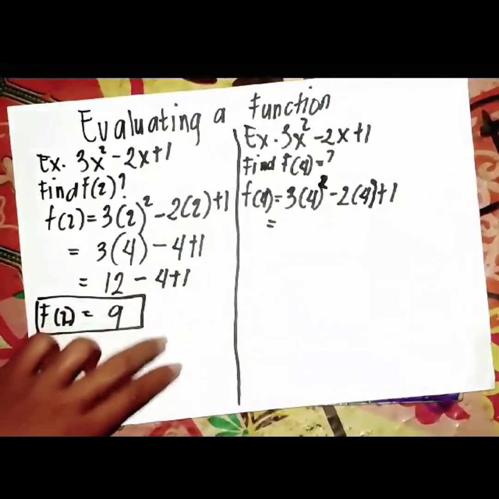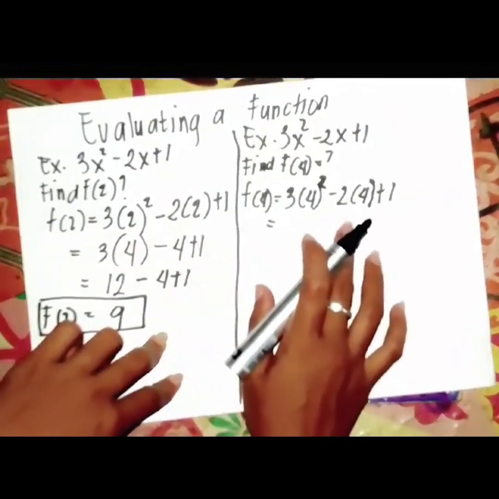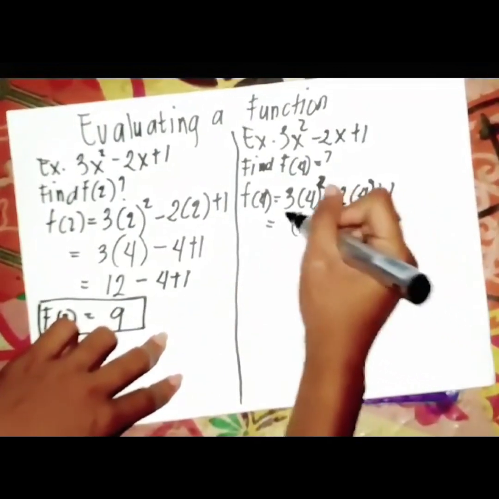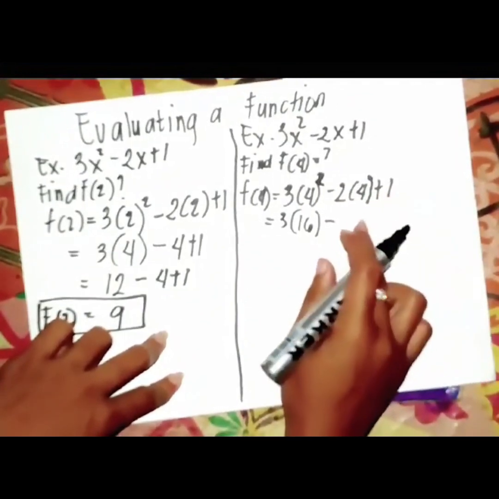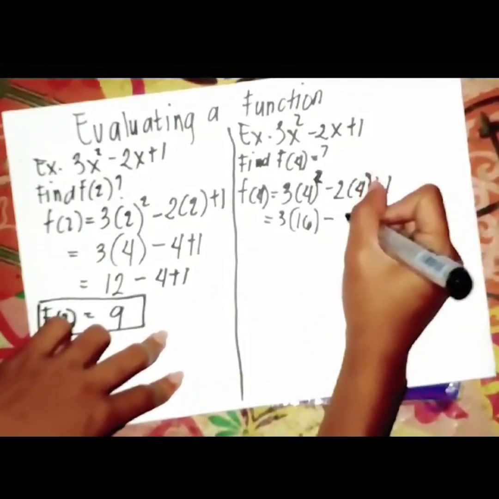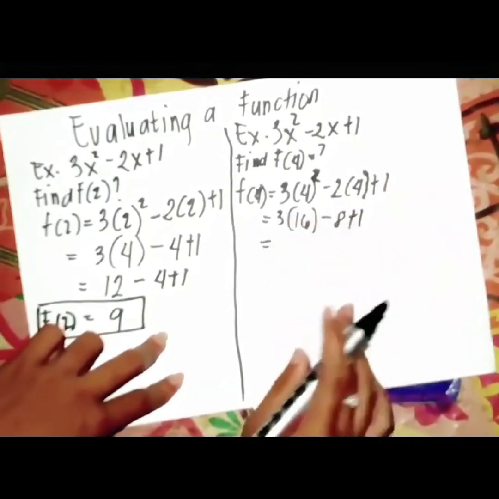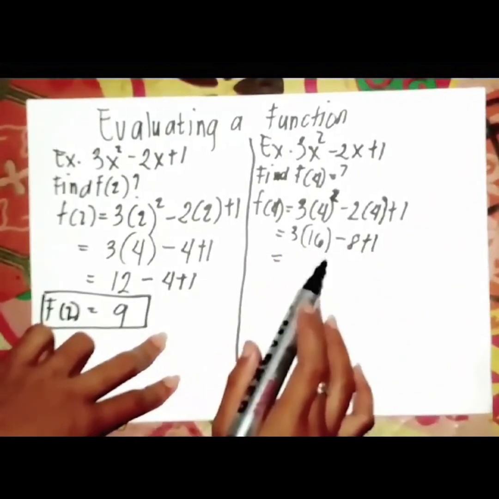So you're going to multiply 4 squared first. So 4 times 4 equals 16. Then you write 3 minus 2 times 4 equals 8, plus 1. So you are going to multiply 3 times 16.